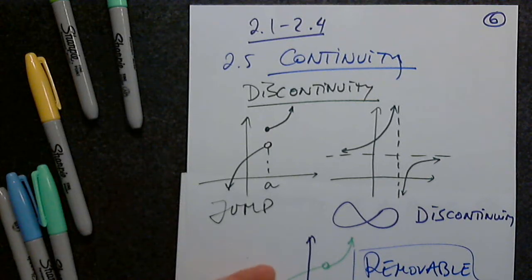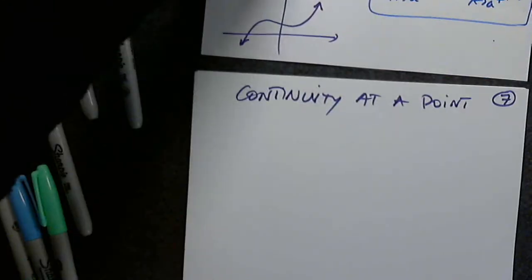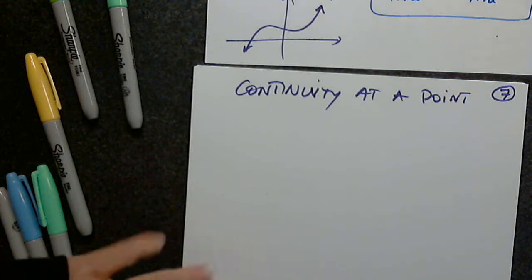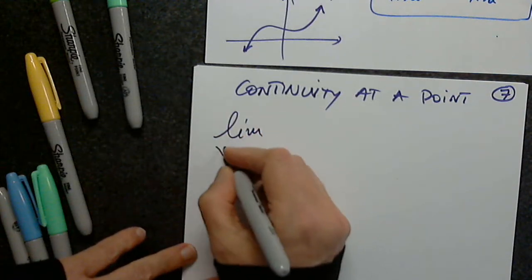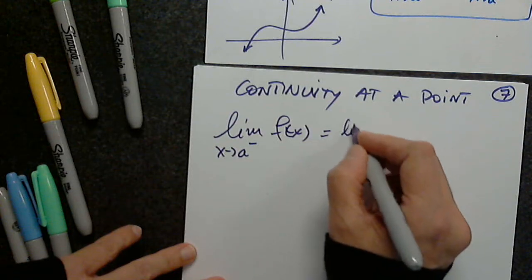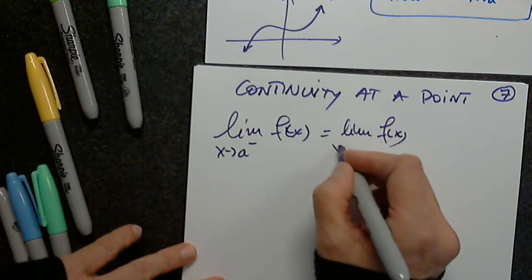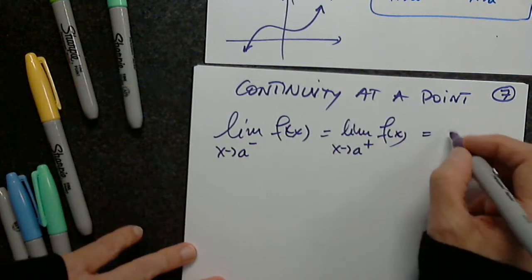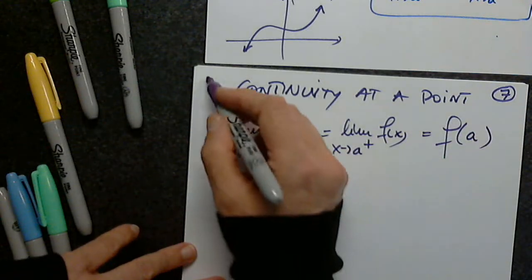To be continuous? Yes. It has to equal the value of the function. Exactly. That's the correct answer. Very good. So the limit as x approaches a from the left of the function must equal the limit of the function as x approaches a from the right, and must equal the function value at that point.